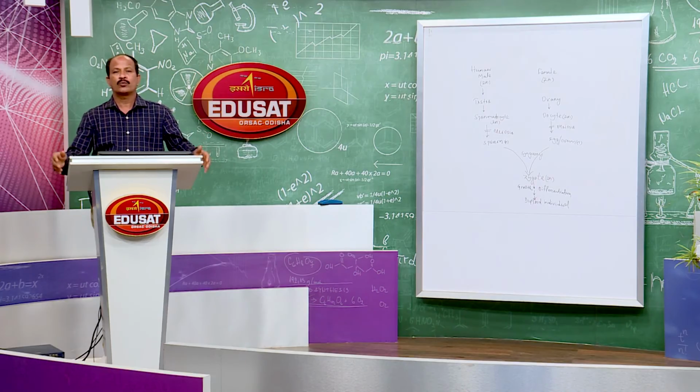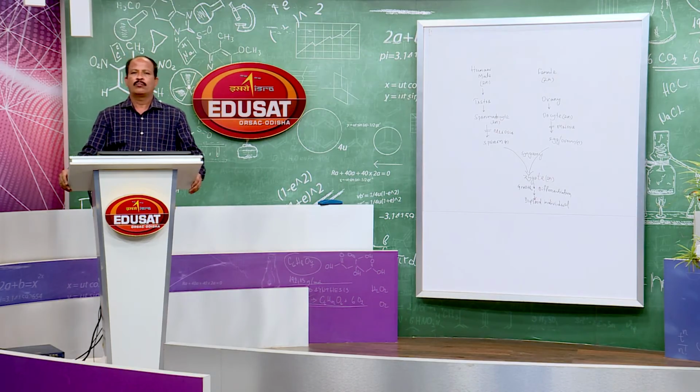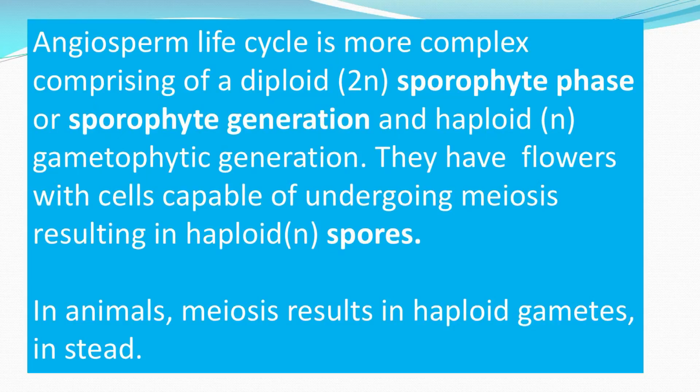They are formed within the ovule, that will come later, but I want to say that the angiosperm life cycle consists of two phases. One is the sporophytic phase, which is diploid, and this in turn by way of meiosis and subsequent growth gives rise to a less prominent gametophytic phase.